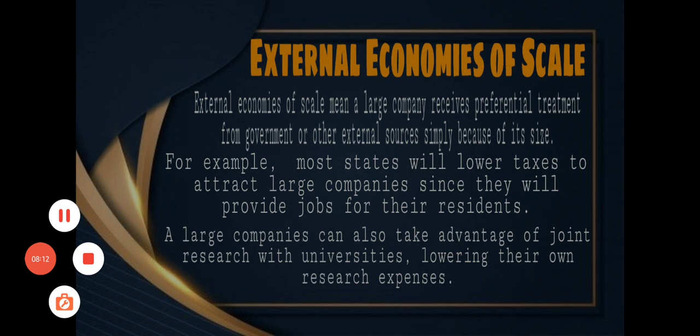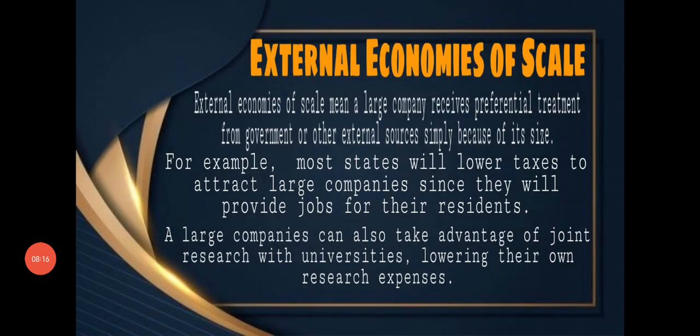So, second one, external economies of scale. External economies of scale mean a large company receives preferential treatment from government or other external sources simply because of its size. For example, most states will lower taxes to attract large companies since they will provide jobs for their residents.